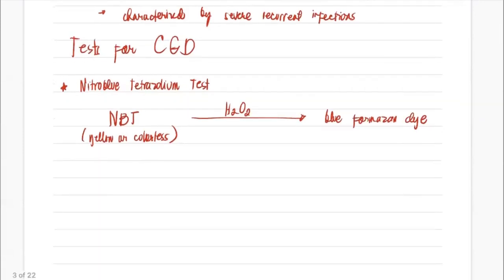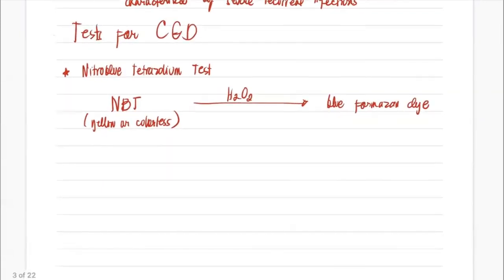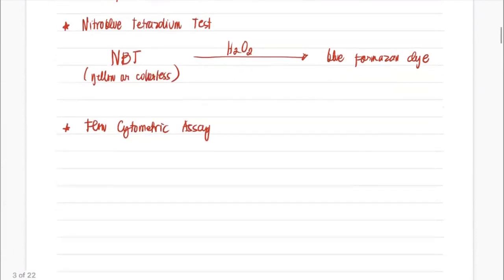However, we also have the flow cytometric assay for this. Okay, flow cytometric assay. Okay? So dito naman, we are using a label for our neutrophils. So yung label na ginagamit natin, take note lang, is dihydrorhodamine.